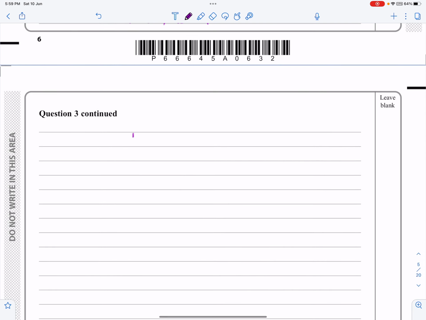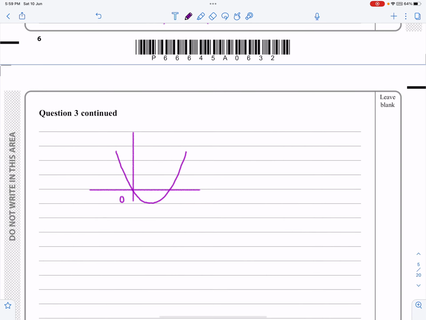Don't take any time over the sketch at all. Okay, don't take ages over it. Don't focus too much on diagrams or accuracy. All I need to do is to say, I know it's a positive quadratic, so it's a U shape, and I now know that it hits at those 2 points.